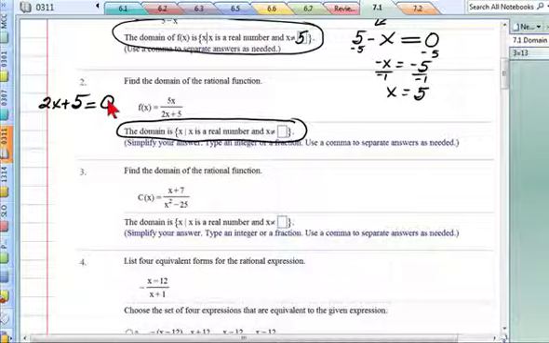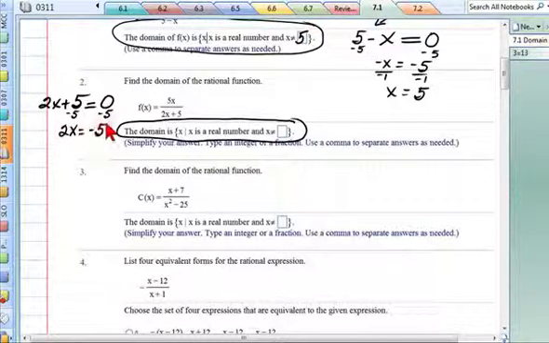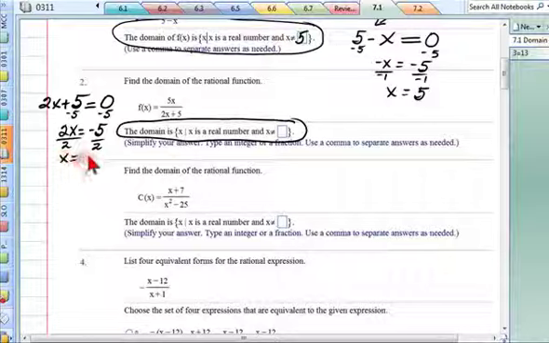I set it equal to 0, so I'll find out what would cause the denominator to equal 0. That's a linear equation. Let's subtract 5. 2x is equal to negative 5. Divide by 2. X is equal to, let's leave it an improper fraction, negative 5 over 2.